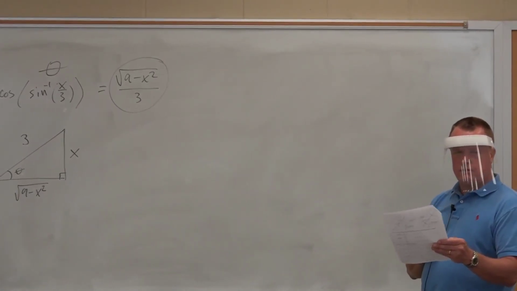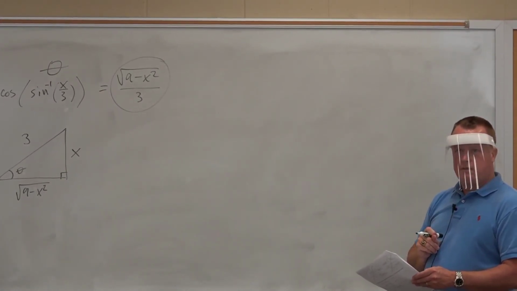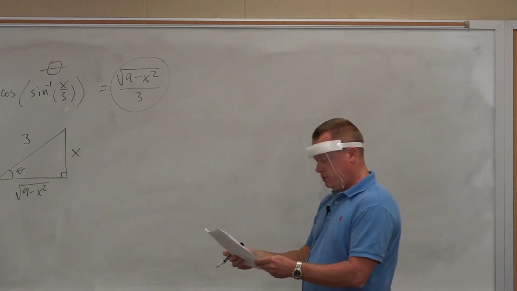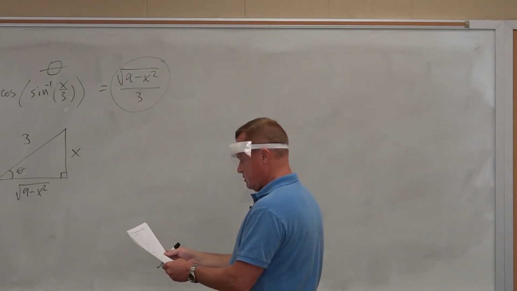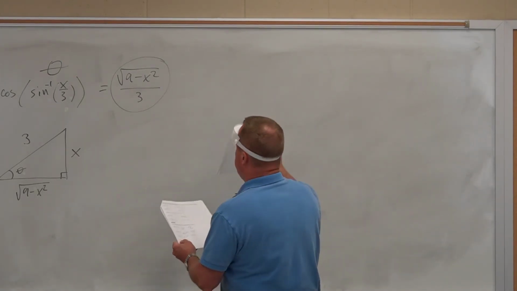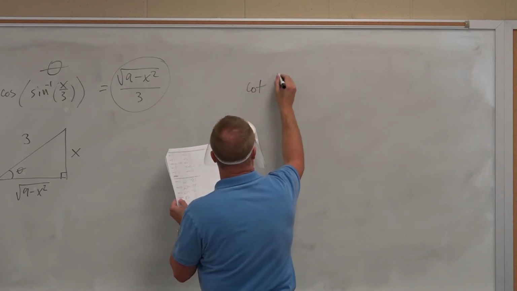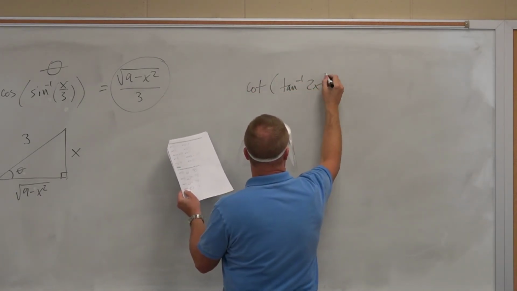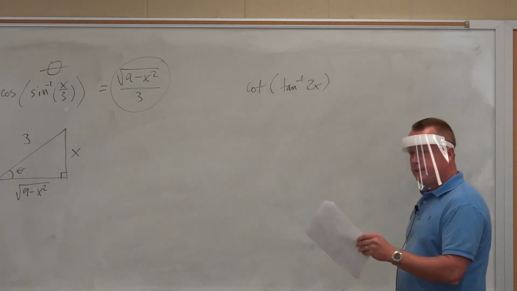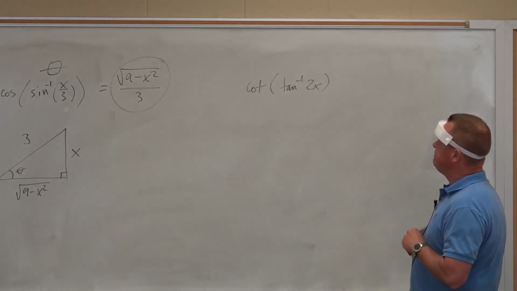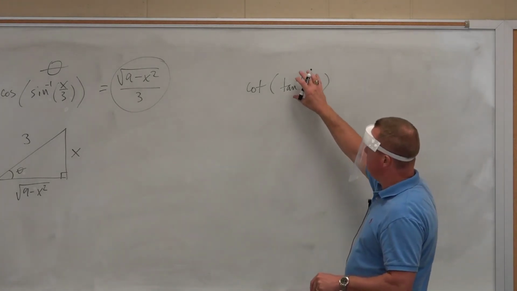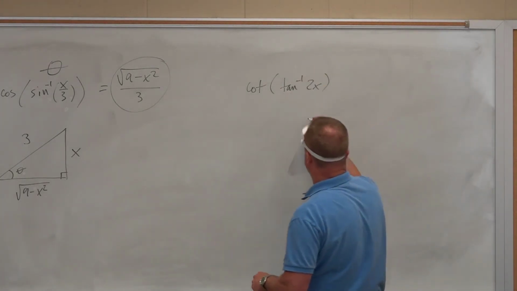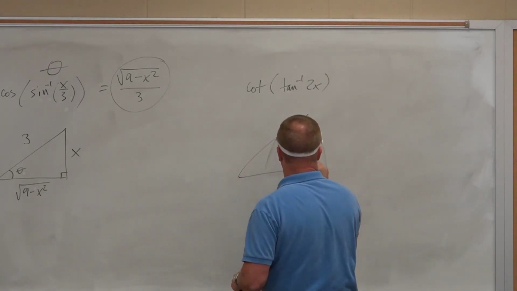Questions about that? Okay. Let's do one more. Let's do that last one there: cotangent of the inverse tangent of 2x. Same idea. This is an angle, right? So I could just draw a right triangle.